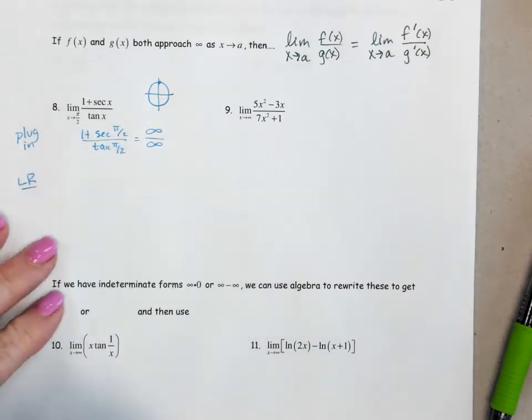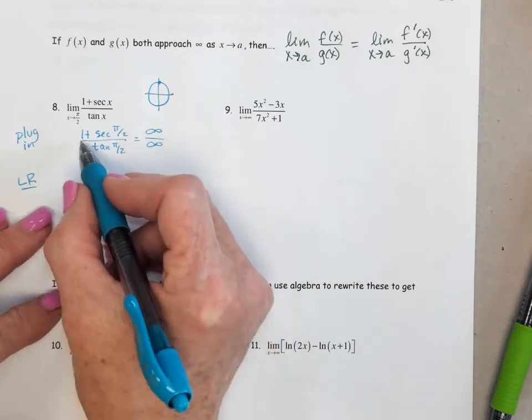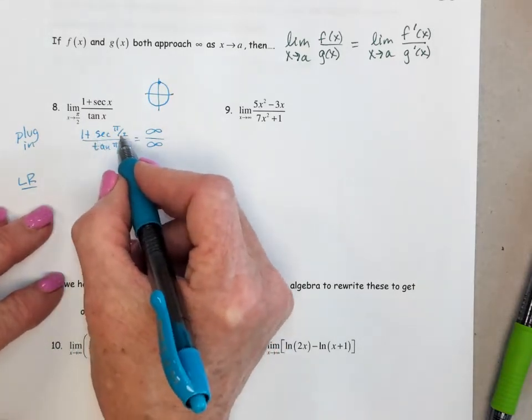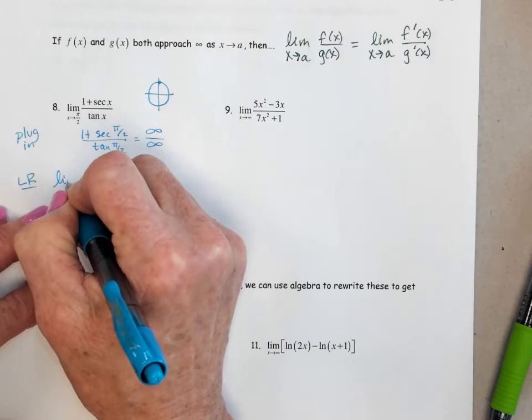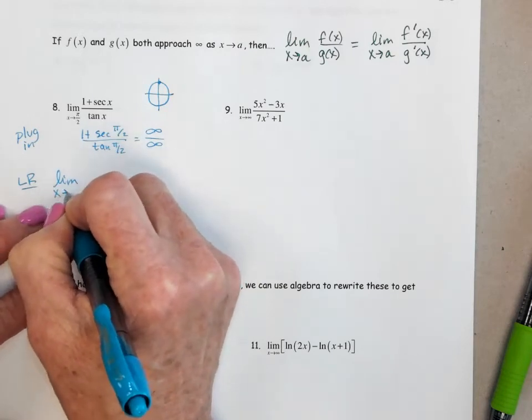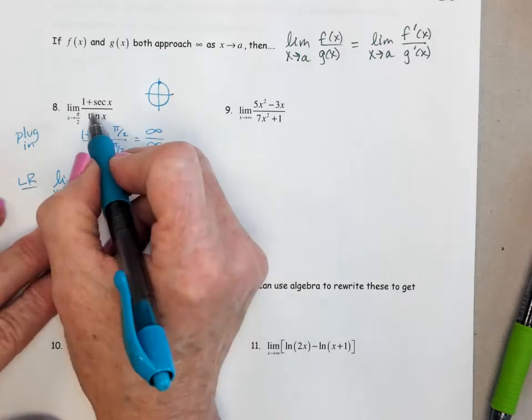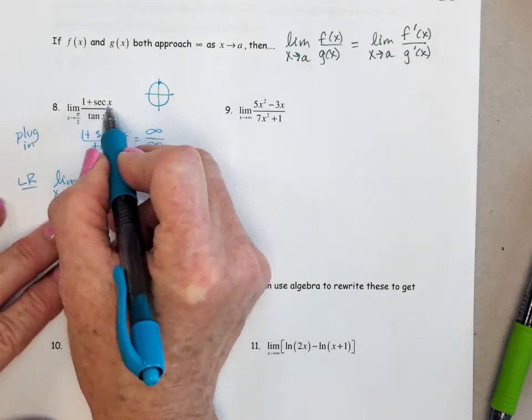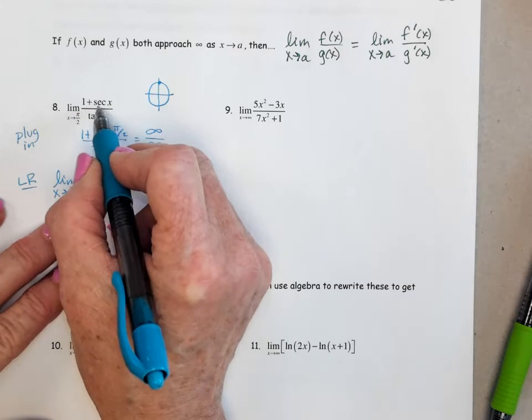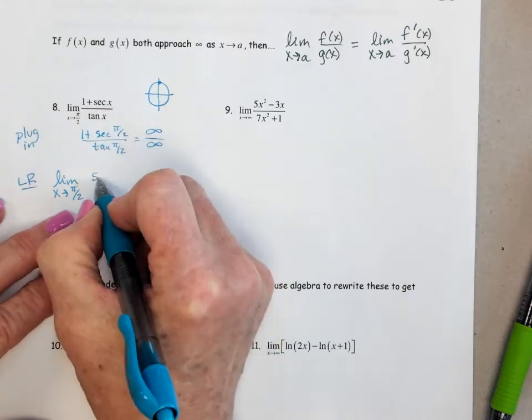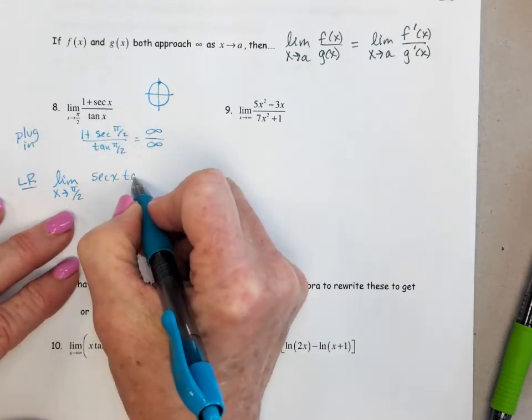So if we do L'Hopital's rule, we're going to do the derivative of the numerator and the derivative of the denominator. Don't lose that limit part. That's important. The limit as x approaches pi over 2. Now I do the derivative of the numerator. Derivative of 1 is 0. Derivative of secant is secant x tangent x.